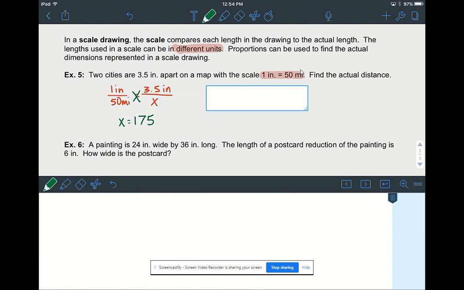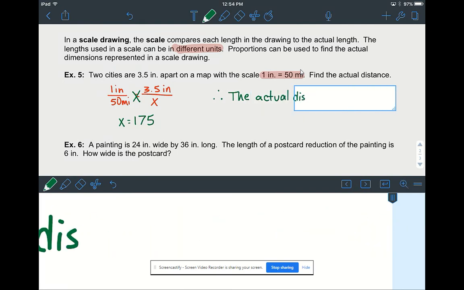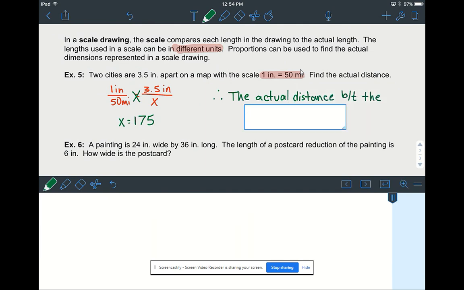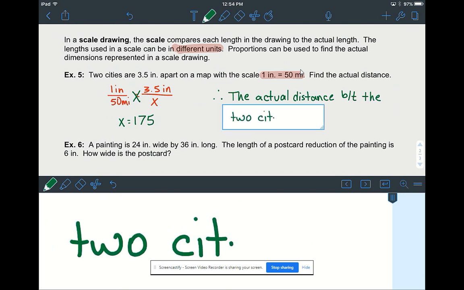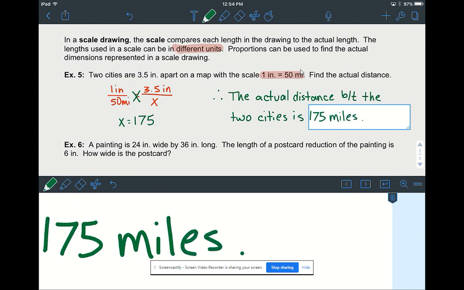So our answer would be, therefore, it's a word problem, the actual distance between the two cities is 175 miles.